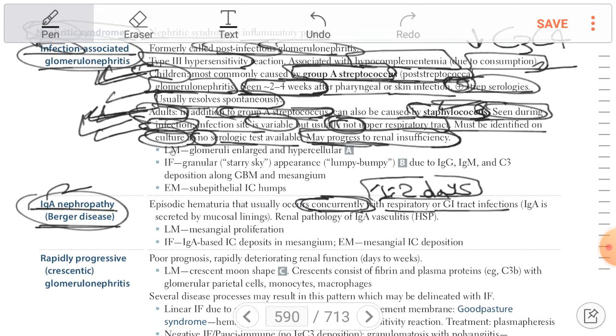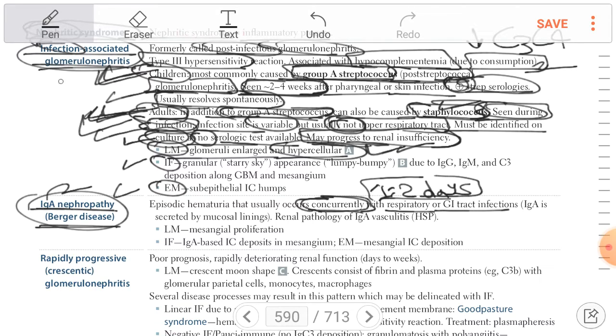Then we will speak about LM, IF, EM. LM means light microscopy, IF means immunofluorescence, EM means electron microscopy. On light microscopy, glomeruli are enlarged and hypercellular, which is the most important. It's asked in the exam.